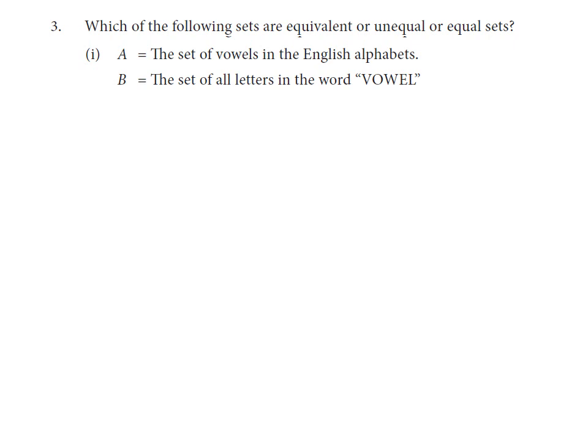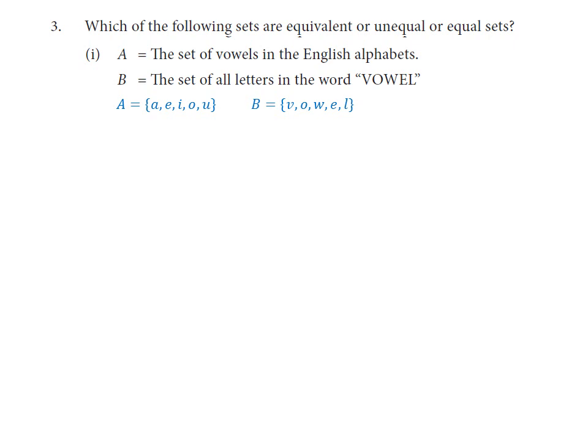You may think both are equal sets, but no. Check the elements of the set A. A is equal to A, E, I, O, U. These are the elements of A, and B is V, O, W, E, L. So count the number of elements. Here 5 elements, here also 5 elements. Set A contains 5 elements, B contains 5 elements, but the elements are not the same.